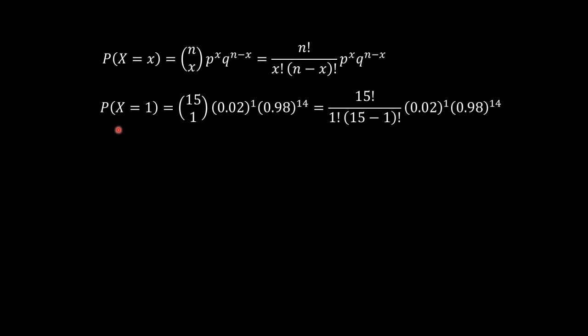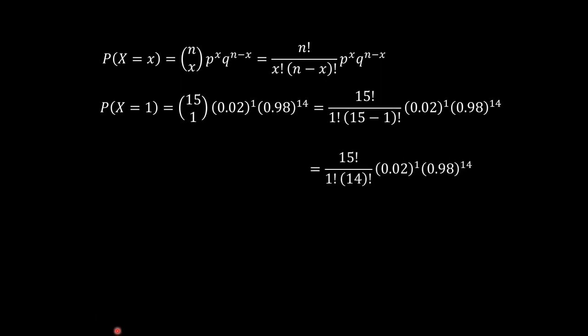The probability that x is 1 is equal to 15 choose 1 times 0.02 raised to 1 times 0.98 raised to 14. 14 because 15 minus 1 is 14. 15 choose 1 is equal to 15 factorial over 1 factorial times 15 minus 1 factorial, then times 0.02 raised to 1 times 0.98 raised to 14.